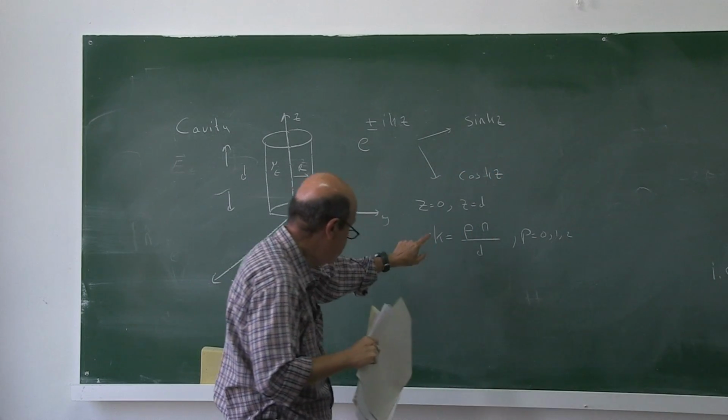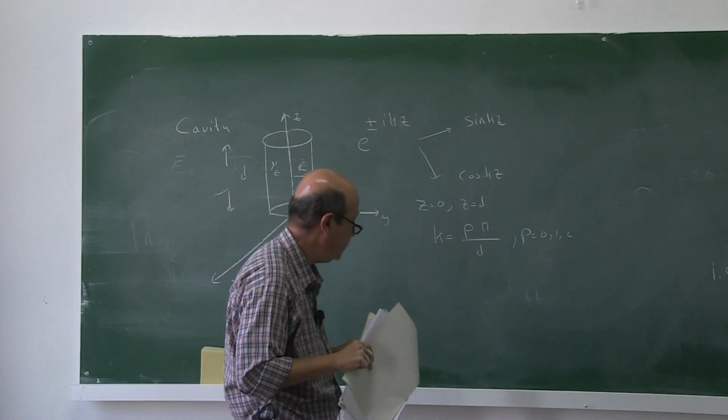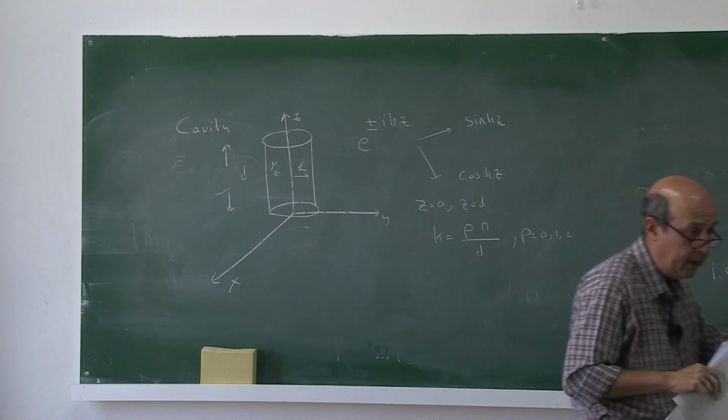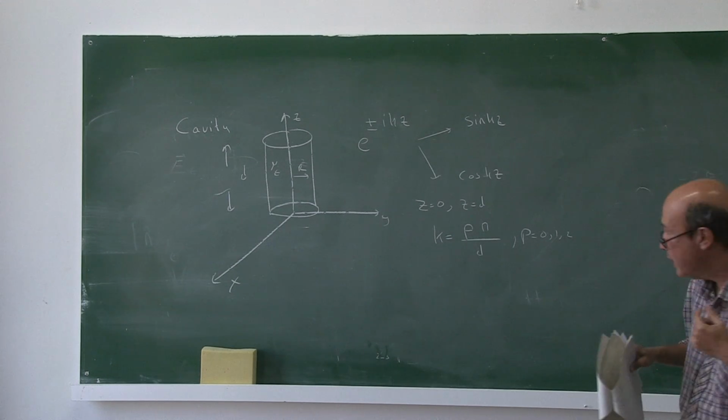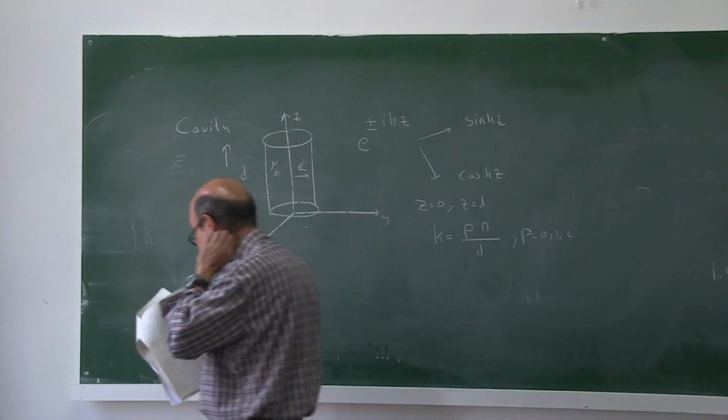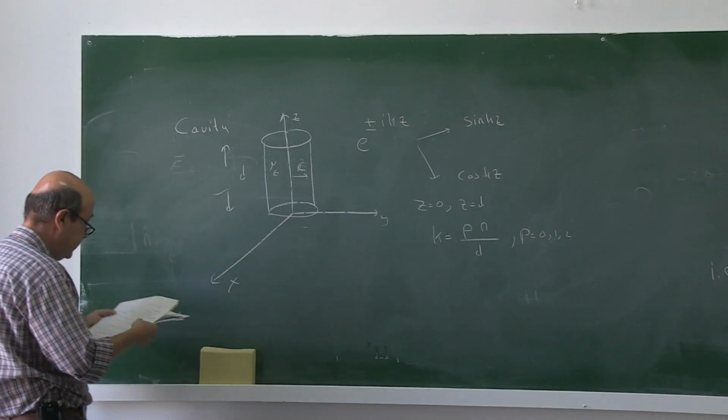So we will understand this by doing an example for the specific modes. But if you compare with the waveguides, the k values for the waveguides are continuous. There was a cutoff frequency, but the values are continuous. But in the cavity, k values should be discrete. We can understand this for a specific mode very easily.